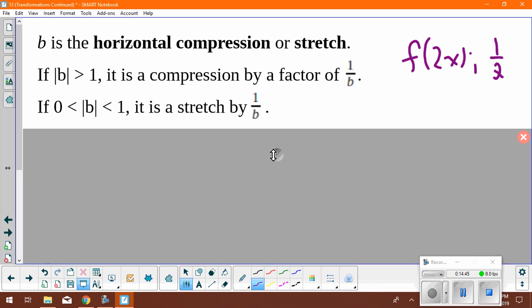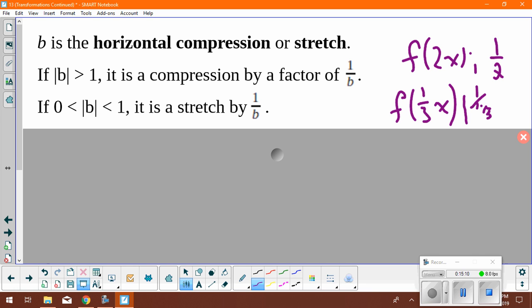If b is between 0 and 1, it's a stretch of 1 over b. Because if I had f of 1/3 of x, this is going to get messy for a second here. Well, that means it's 1 over 1/3. Now we don't need to write the double fraction.